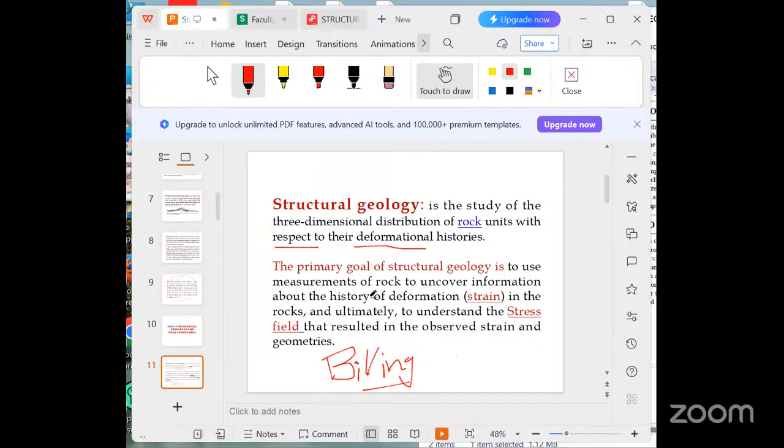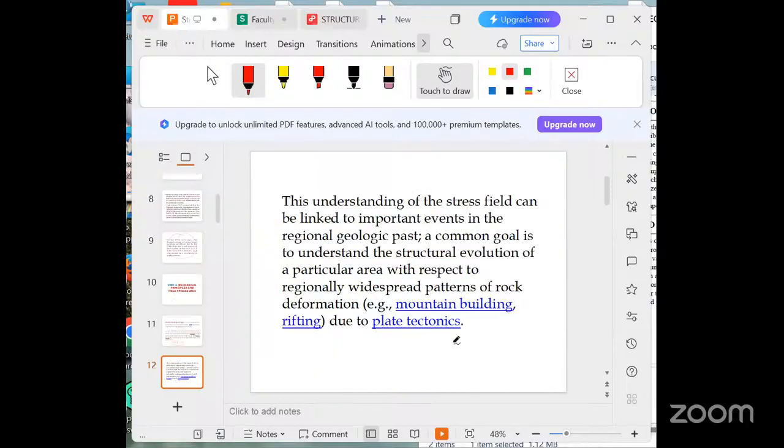So the primary goal of structural geology is to use measurements of rock to uncover information about the history of deformation, which is called strain, in the rocks, and ultimately to understand the stress that resulted in the observed strain and geometries.